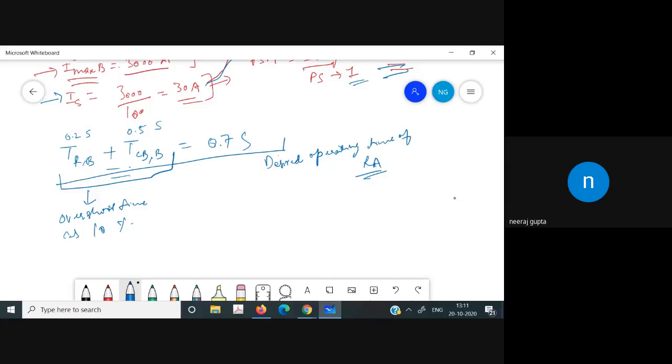So finally, the overshoot time we get is 10%, which is equal to 0.07 seconds.